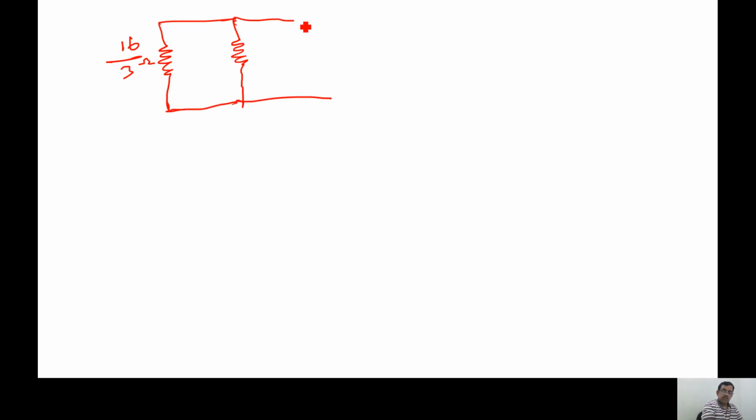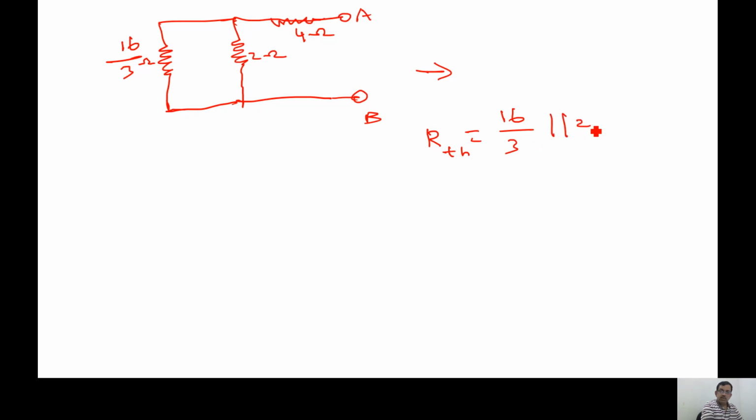So I go step by step. Here there is a 4 ohm, so let us not forget A and B. These two are in parallel, in series with this 4 ohm. Effectively, RTH equals 16 by 3 in parallel with 2 ohm, plus the series 4 ohm.